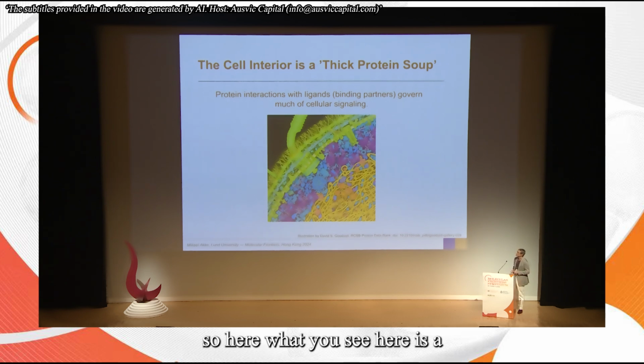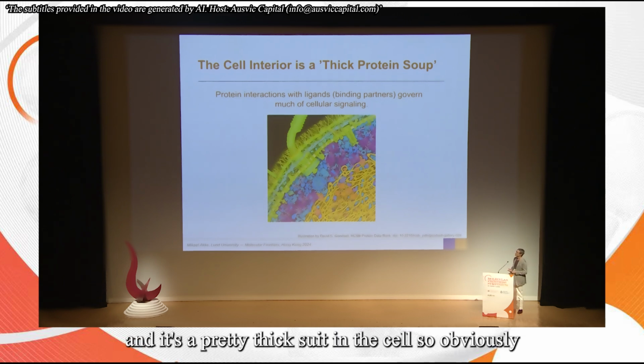What you see here is a beautiful representation of a cut through an E. coli cell. This is a drawing by David Goodsell. And what you see is a big mess. But these are basically macromolecules, proteins and RNA, DNA inside the cell.